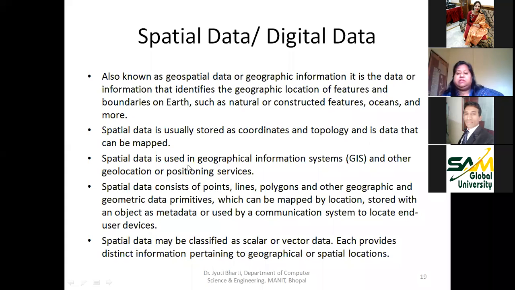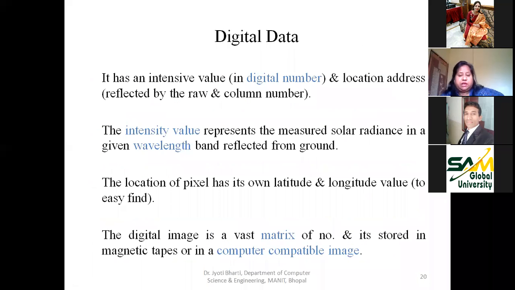Spatial data is used in geographical information systems and other geolocation or positioning services. It consists of lines, polygons, and other geometric data primitives, and can be categorized into scalar data or vector data.